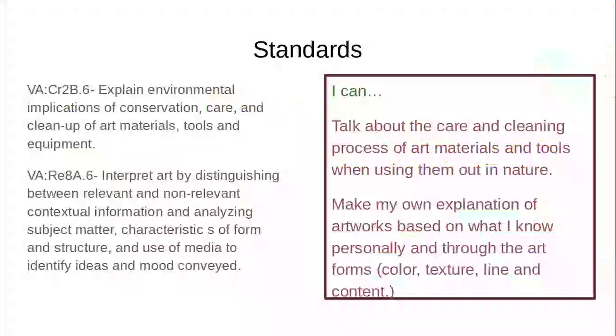We will also be talking about texture, line, and the content. So, what is in the painting itself? Vocabulary we'll be talking about are observation, texture, warm and cool colors, tint, and shade.